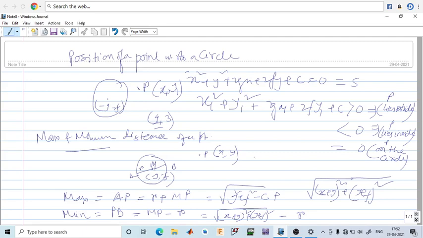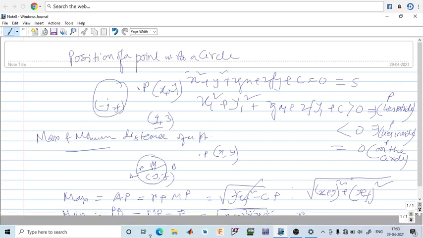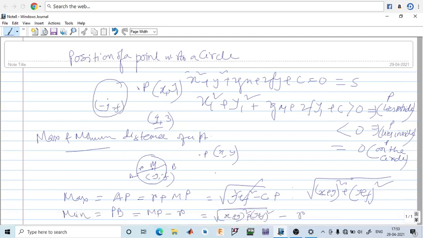If the maximum distance and the minimum distance are added, then obviously the radius gets cancelled, that is you are going to get this and this, right?